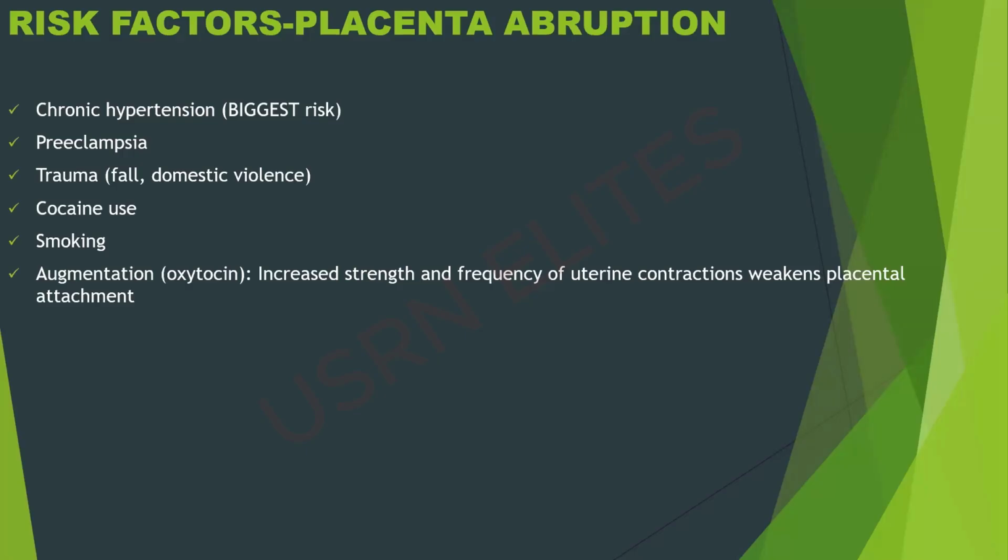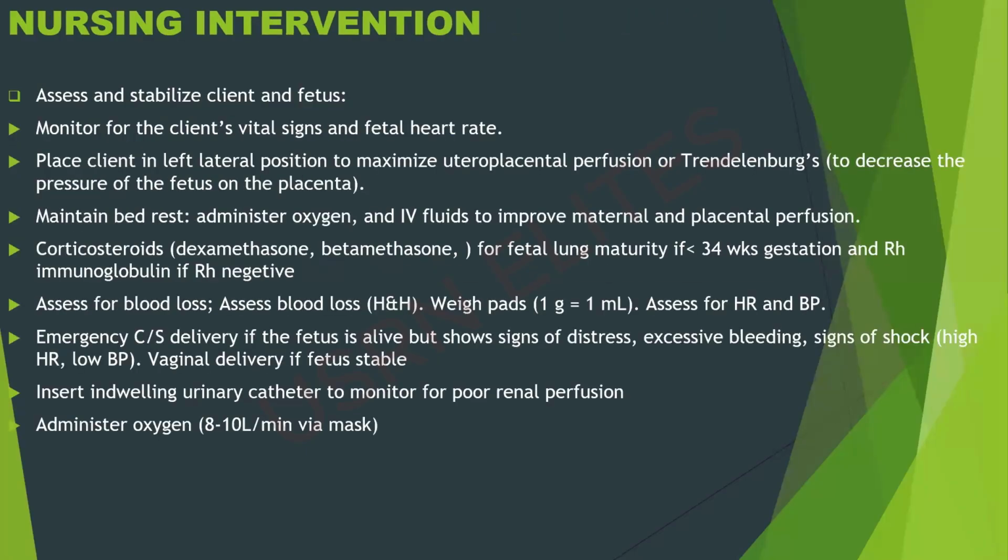All right. So, what are we going to do? Boss Frank, yes, please, before you move on, I just want to be clear. Is there any difference between chronic hypertension and preeclampsia? Yes, there's a difference.